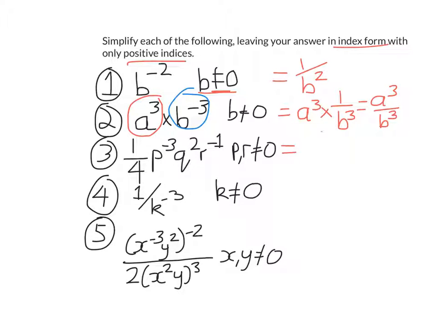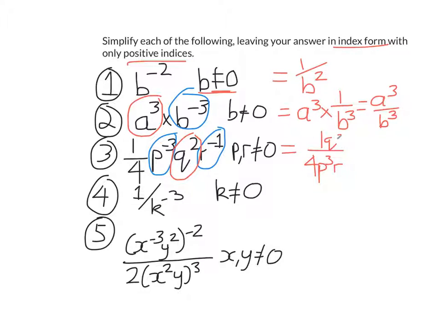So we've still got our 1 over 4. p has a negative power, so it goes to the bottom of the fraction, but we write it with a positive power. Similarly, the r has a negative power, so it goes to the bottom of the fraction with a positive power. We don't need to write r to the power 1. q, on the other hand, already has a positive power, so it goes on the top.